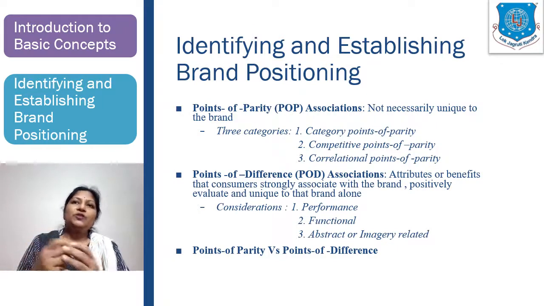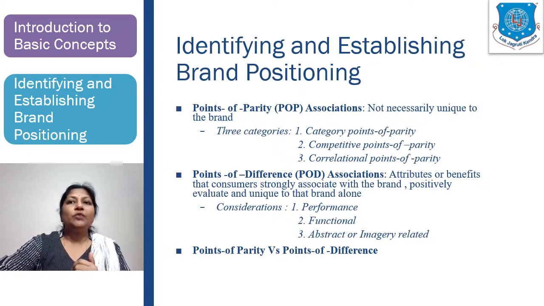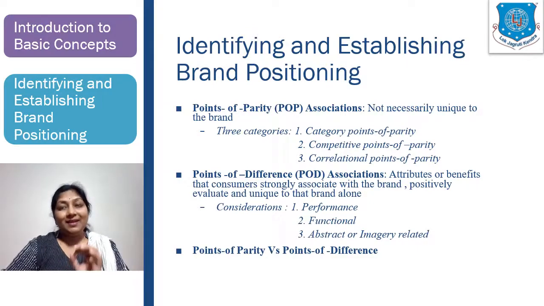So for the points of parity versus points of difference, we could say that POPs can be used to overcome potential weaknesses. Now there is a zone of tolerance or acceptance here. The brand should do well on a particular attribute and the consumer should be able to recognize that difference to establish the sale. The POPs are hence easier to achieve than the PODs.